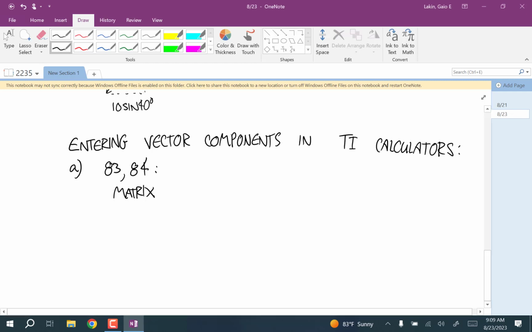And then go to edit. And then you want to enter a 2x1 or 3x1 matrix, depending on whether you're doing a 2D vector or a 3D vector. Okay. And then you just enter the values. And then you have a variable that has those vector components in it.